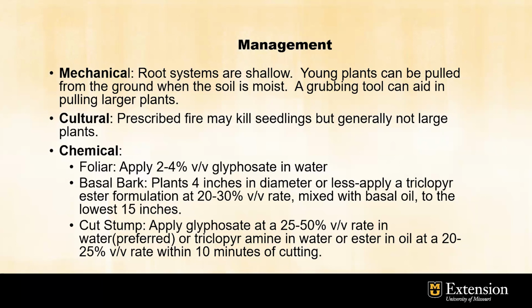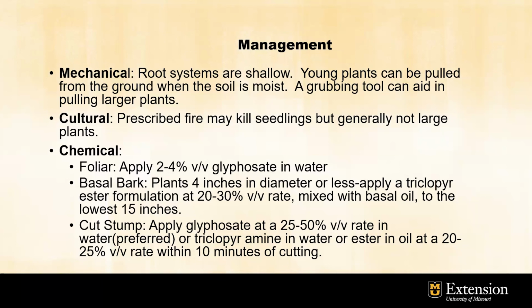Normally, fall is a good time to treat these before the leaves turn yellow. Glyphosate is a non-selective herbicide, so if you get it on anything else, it's going to kill that. So doing it in the fall, when our native vegetation's leaves have already dropped but the bush honeysuckle leaves are out, is a good time to treat.